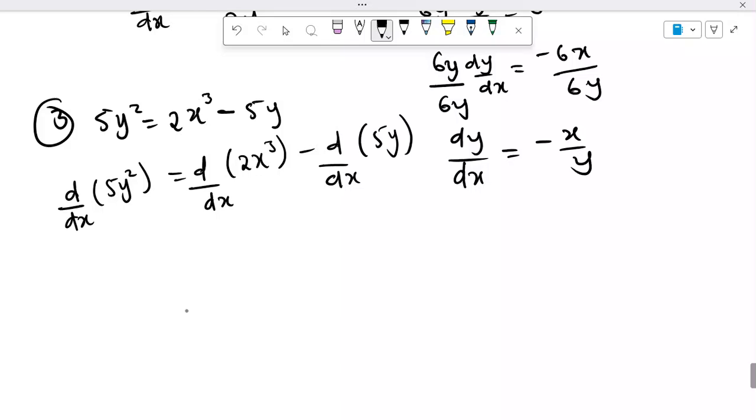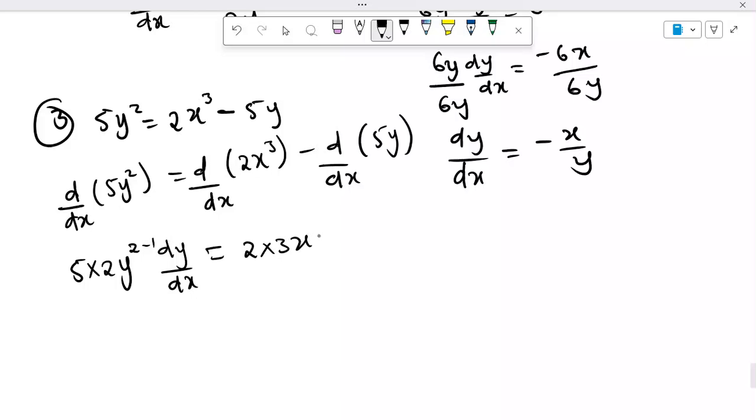A term which has x only, we don't write dy dx. So we differentiate this one. We bring down the 2, so we have 5 times 2, then y to the power 2 minus 1. This is dy dx. This has y, this one. Okay? Equal to this one, no need. So we say 2, bring down the 3.